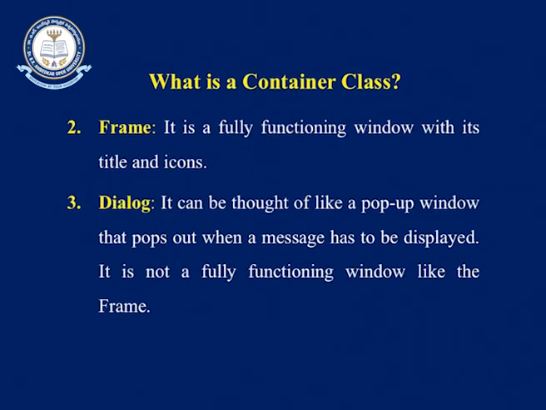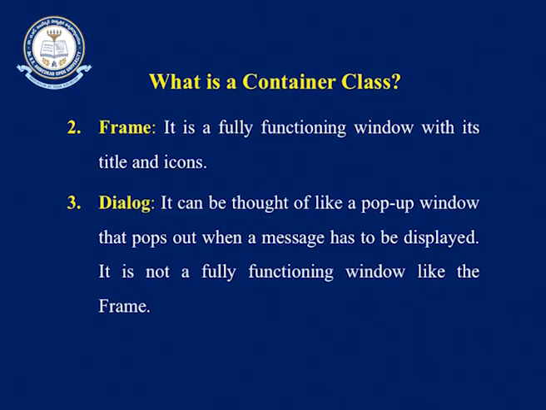Frame, the second type of container, is a fully functioning window with its title and icons. The meaning of this is, just as we have the window in the Windows operating system that has the title, minimize button, maximize button and closing button, in the same way the frame container has all these facilities.